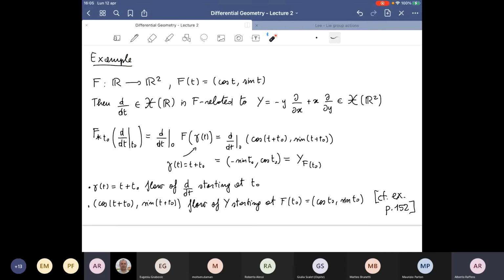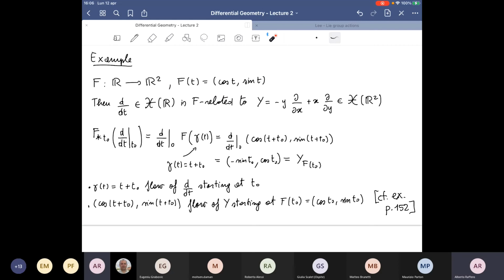So again, if you consider the vector field on R², the first one we considered, which is this one, well, we saw that this function f here gives the integral curve starting at the point (1, 0) at time 0.